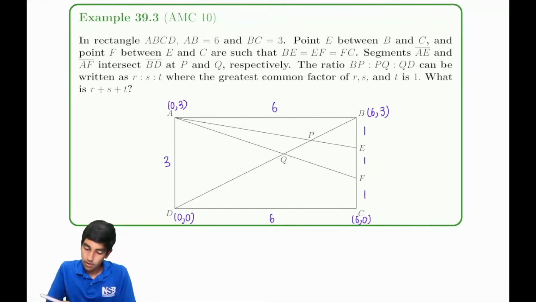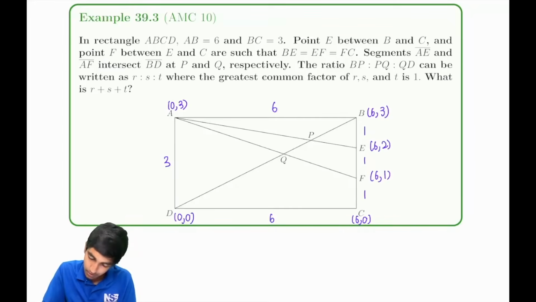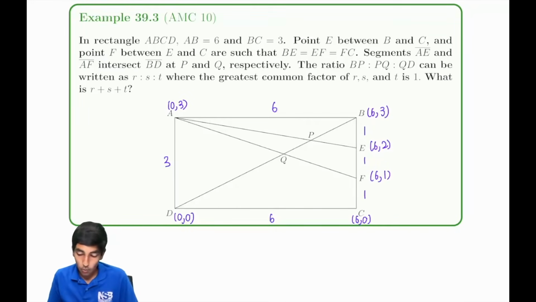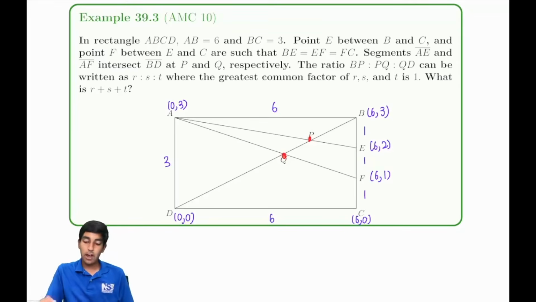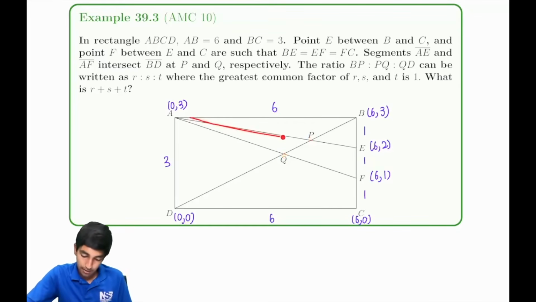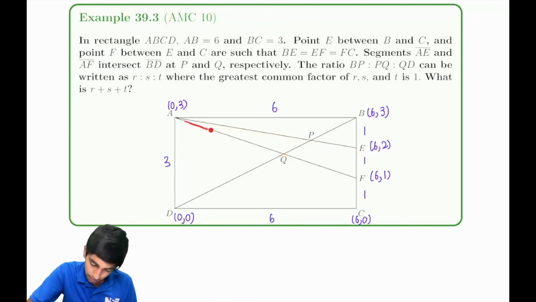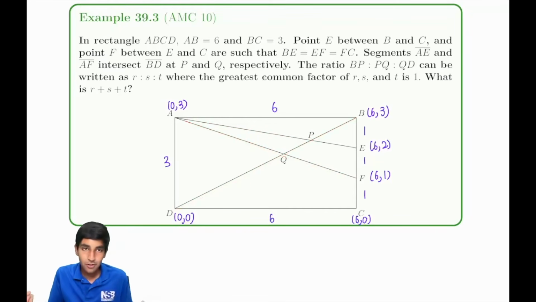So now, let's find the coordinates of F and E as well, which we can do because we know 1, 1, 1. Now, using equations of lines, we can find the points P and Q. We find the equation of this line, this line, and this line, and then we just use coordinates to finish.